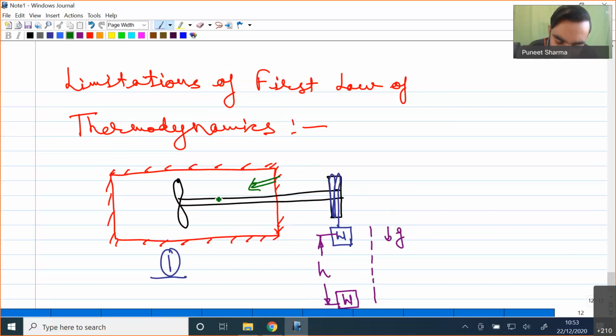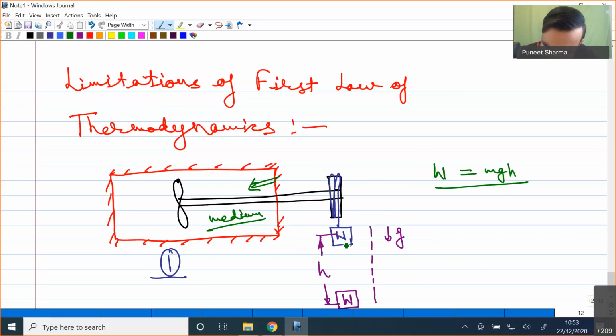So from the paddle wheel there will be a certain amount of work which will be done on the medium, whatever we are having inside. Okay, so now in this case you will find that the paddle wheel has done work equal to the change in potential energy, mgh, and this much energy has been added into the system.